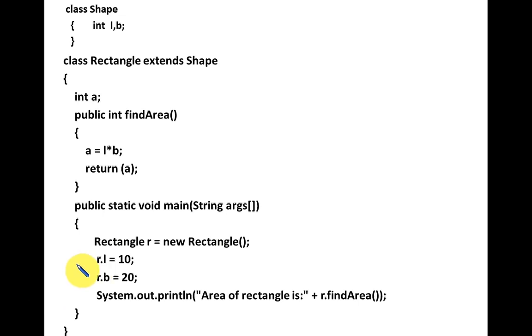Then we are assigning a value for breadth. Then finally we are invoking the findArea method with the help of this object R. So the area of the rectangle is R.findArea(). This is the simple code to implement single inheritance in Java.